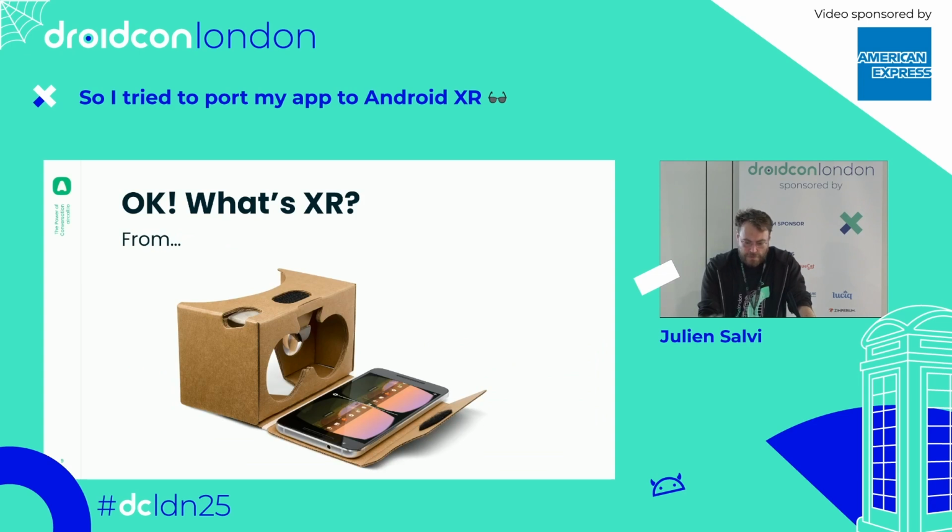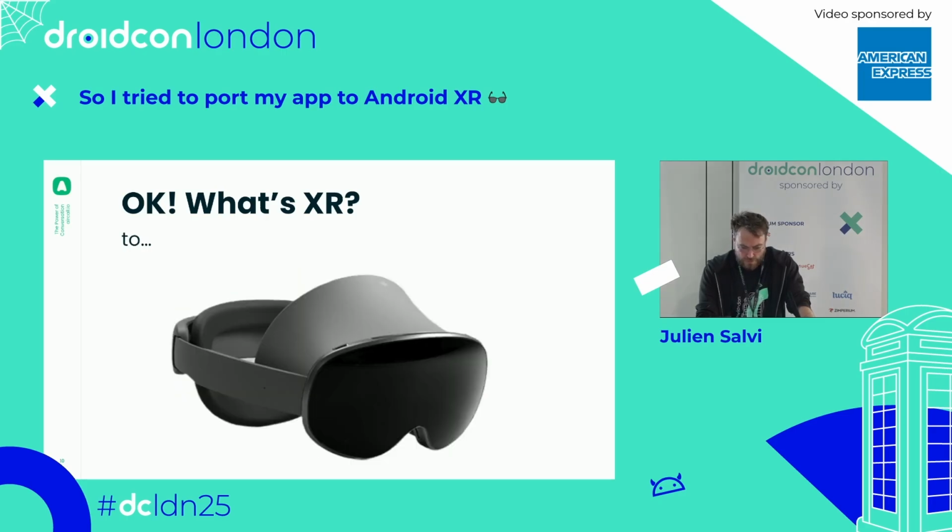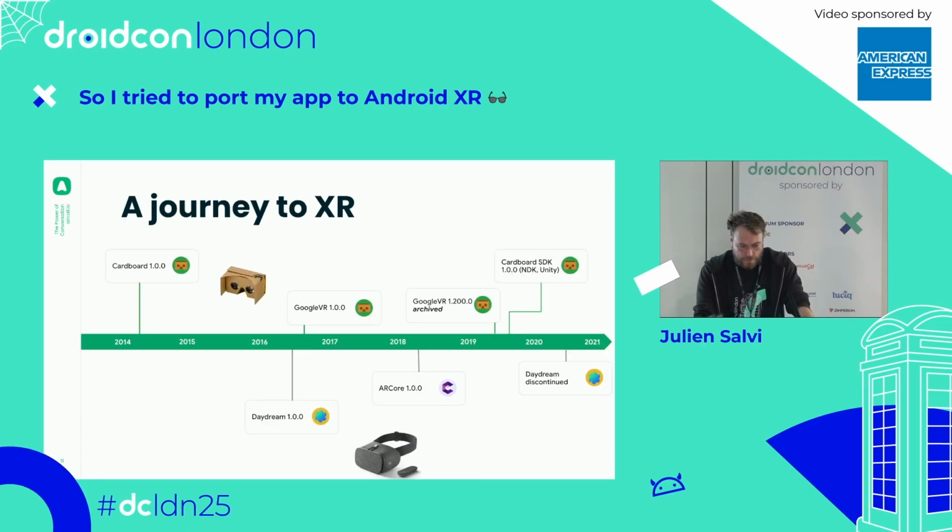So I'm gonna show you where we come from. This was this beautiful Cardboard back in 2014, up to this brand new headset that was released a few days ago. So, a bit of a timeline. The journey to Android XR all started with Cardboard back in 2014.